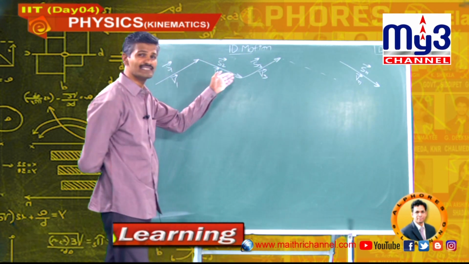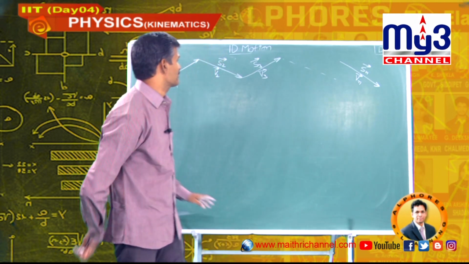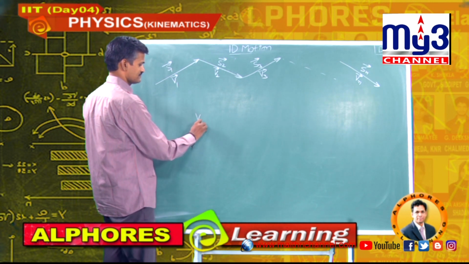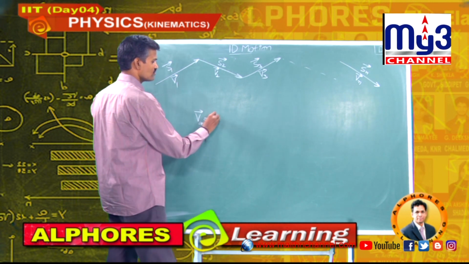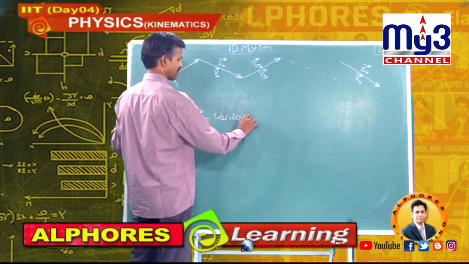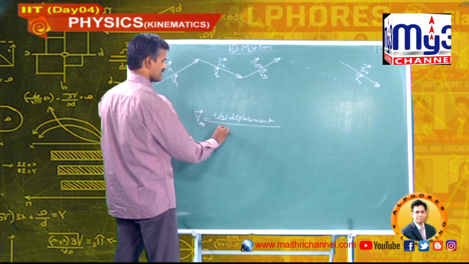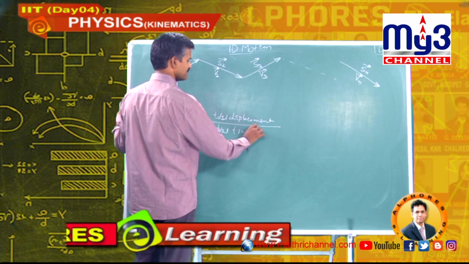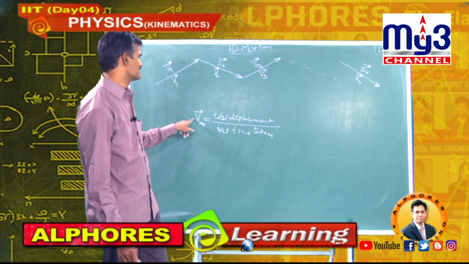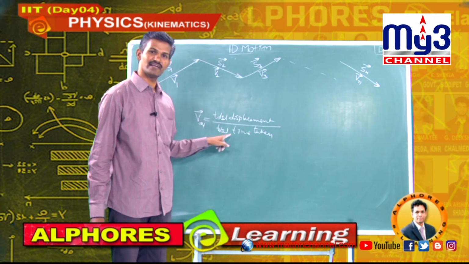Now, how to calculate the average velocity for this total journey? That is total displacement by total time taken. This average velocity is the ratio of total displacement to total time taken by the body.